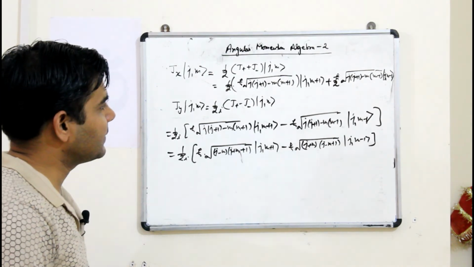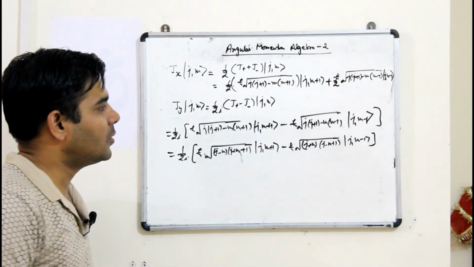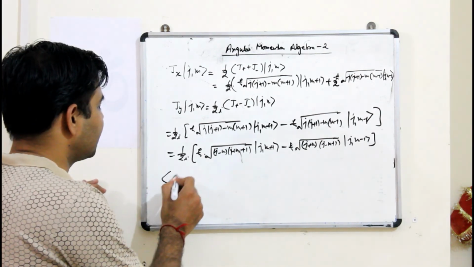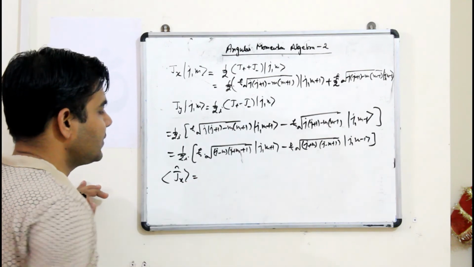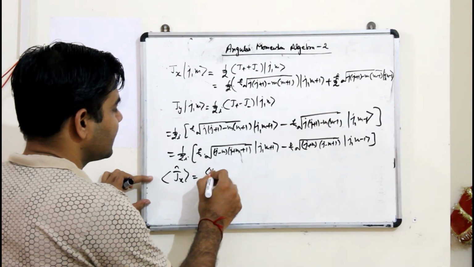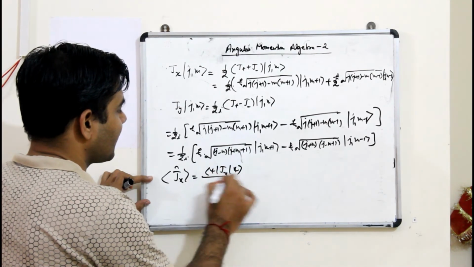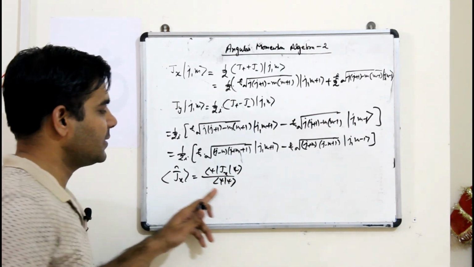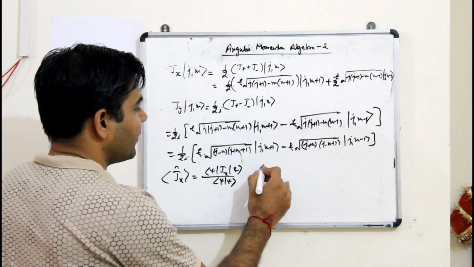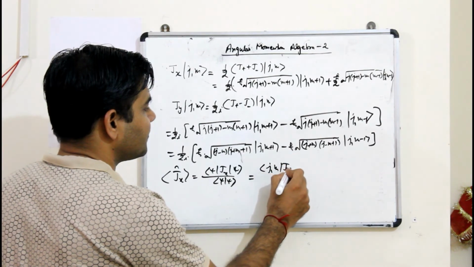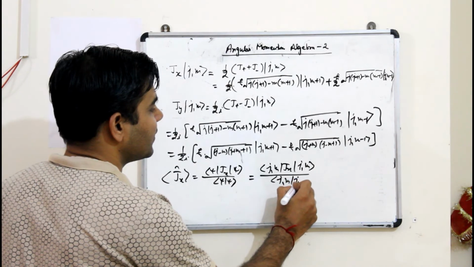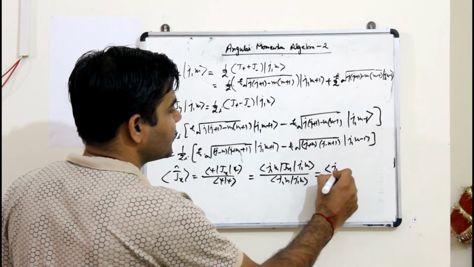Okay, the next task is to look at the average, or the expectation value, of Jx hat, for example. By definition, the expectation value is this. Since we have taken these |j, m⟩ eigenstates to be orthonormal, if I write down this expression, the denominator here is unity, so this reduces to this.